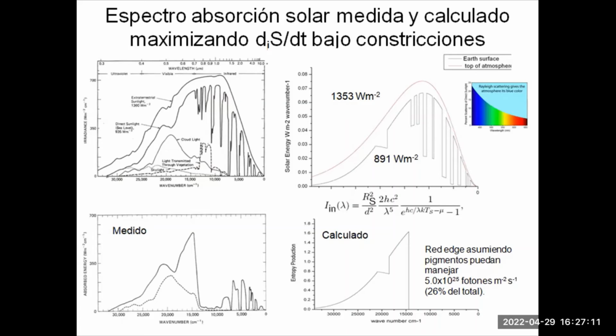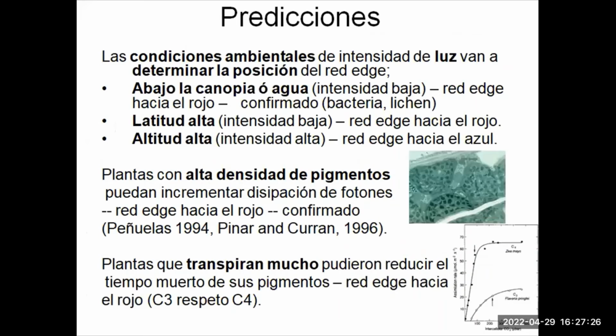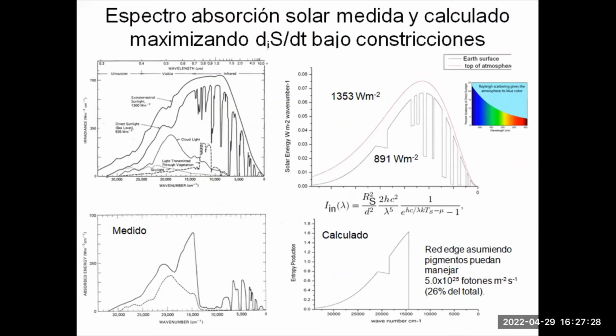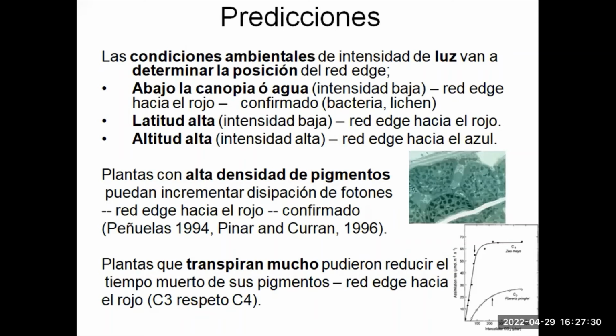Because beyond this, you just saturate the system. And so those photons are going to be reflected or transmitted because the pigments are going to be in their excited state and will no longer be able to absorb. Okay, so that's the theory, and that's the reason for the red edge, according to our theory, which is based on maximization of entropy production.